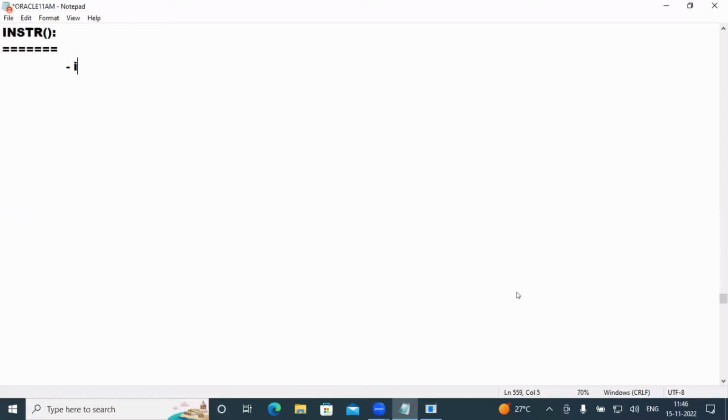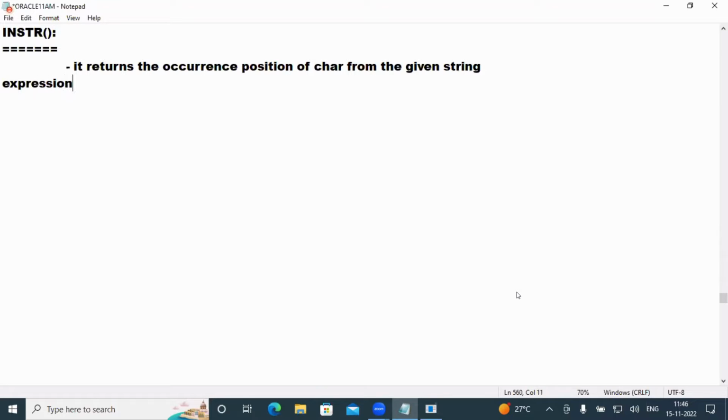It returns the occurrence position of a character from the given string expression. Now carefully observe the syntax of InStr.